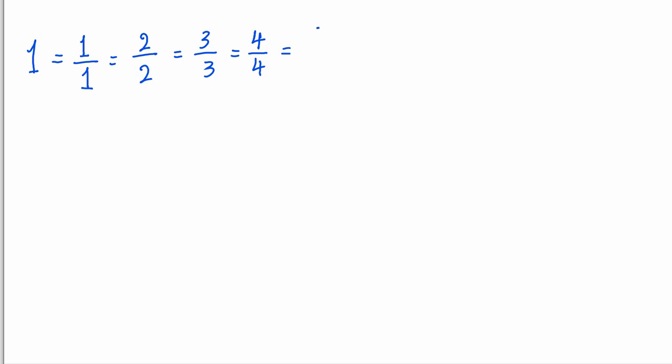Excellent. 5 fifths. Great. 6 sixths. Okay, I will put and so on. So if we skip many numbers, we may find 10 tenths and so on. So we will write just dots like this to mean and so on.